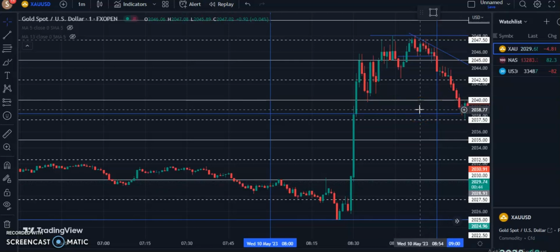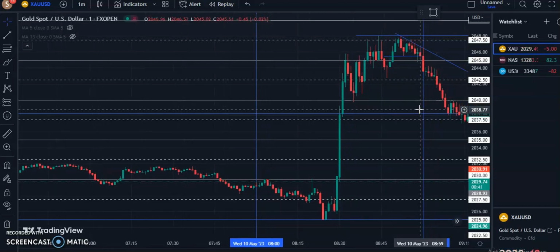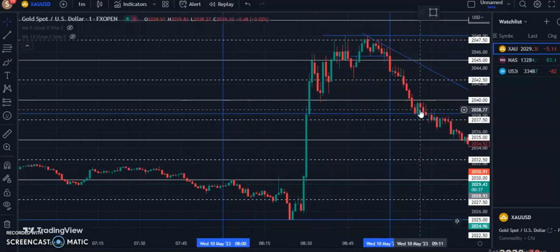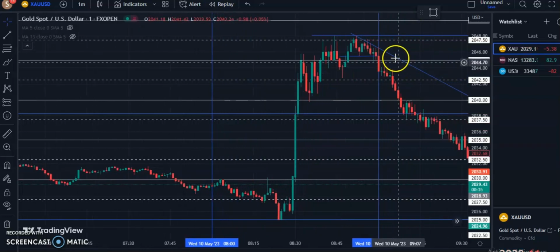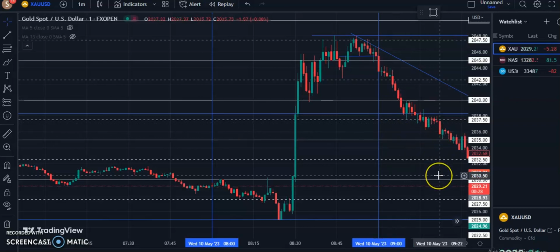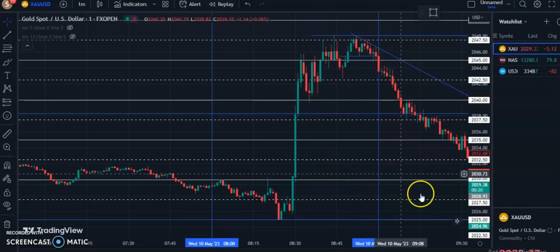So the market continues breaking down. In the first 15 minutes, even the second 15 minutes, the market drops around 150 pips. So what I'm looking for is just the retest for a continuation, because I know this is a falling market.